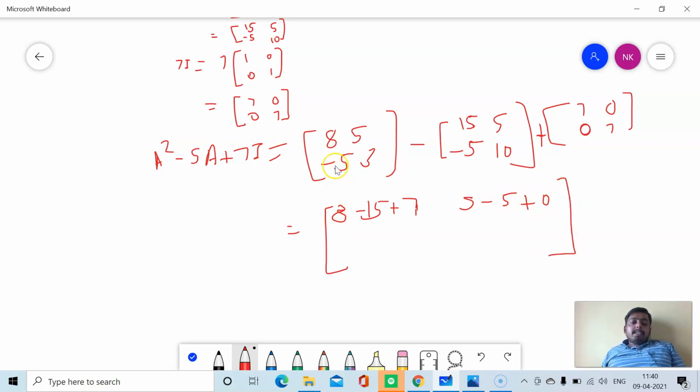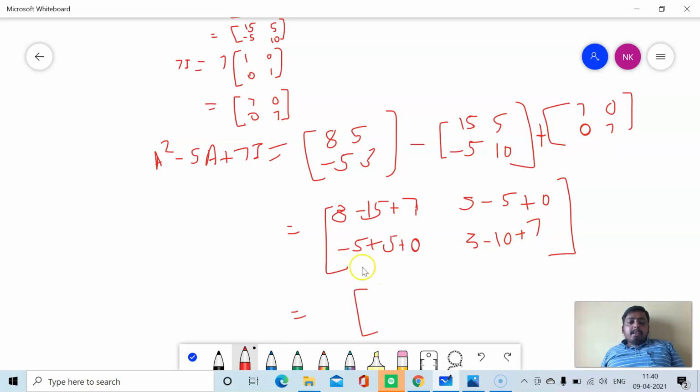Next, the second row first element, minus 5 minus of minus 5, that is plus 5, plus 0. And the last element, 3 minus 10 plus 7.